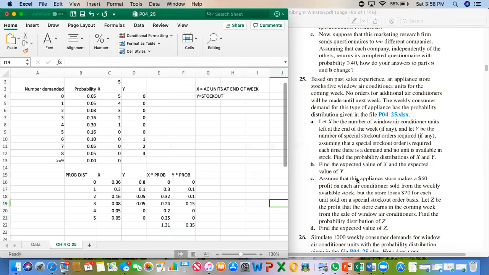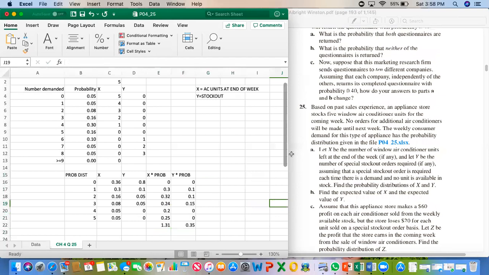Let's go back up to the top table, go to E, and we're going to do profit on each sold. Profit sold. Now, which column has the items sold?